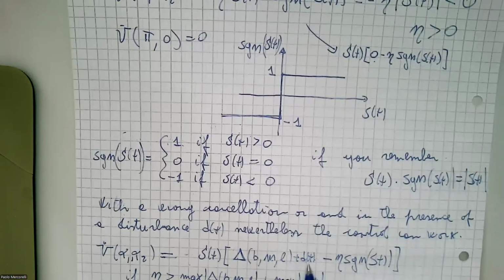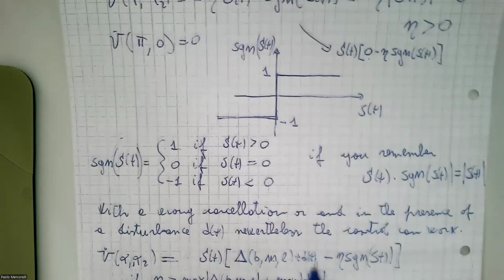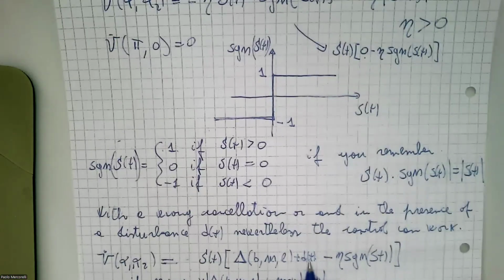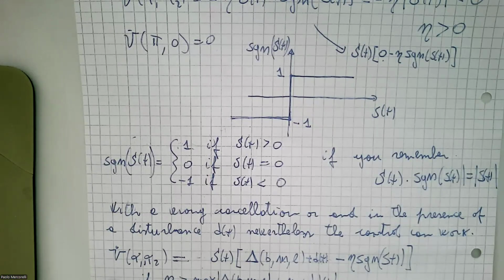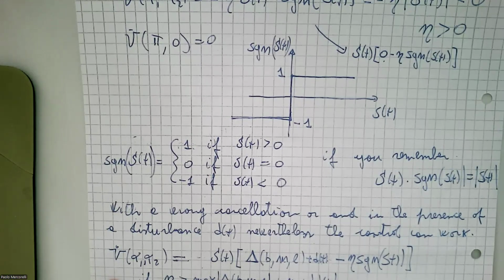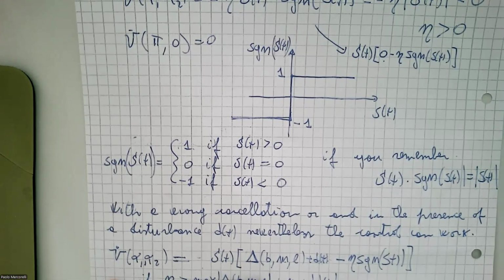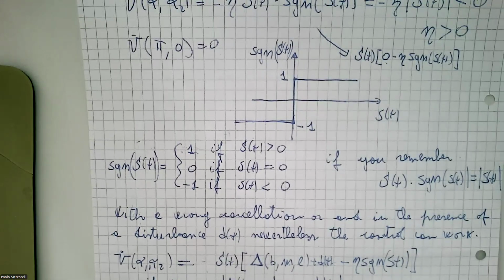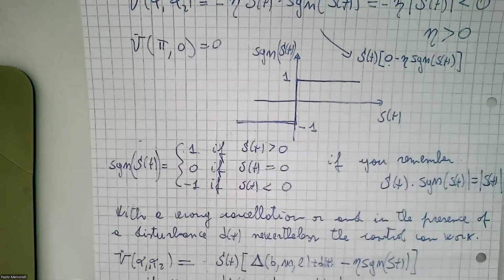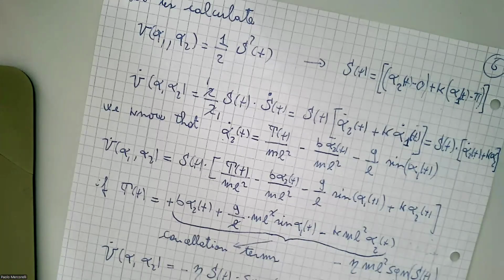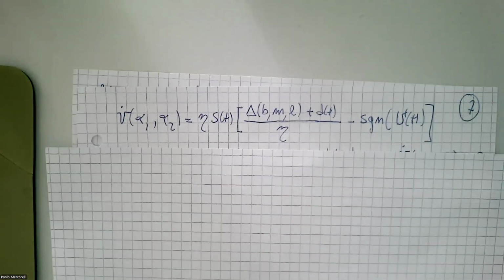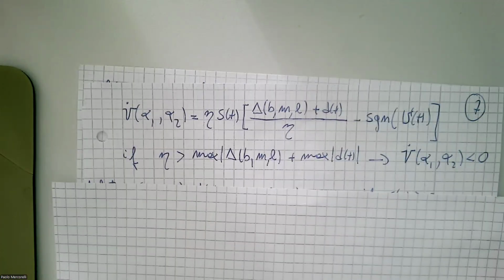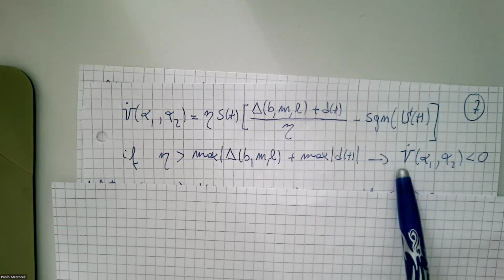That I can consider a disturbance acting on the system. But if eta is larger than the maximal value of this cancellation error, larger than the maximal value of D, of course it's a conservative hypothesis, it's easy to see that we maintain the negativeness of V derivative.